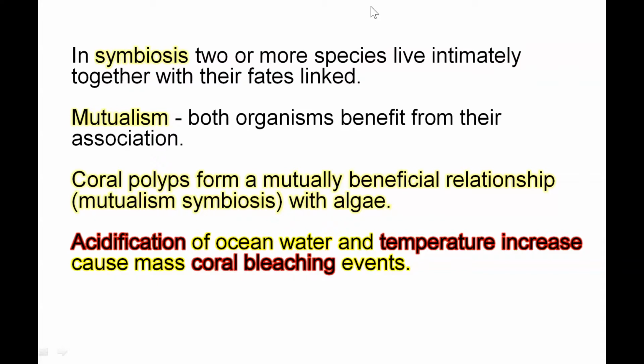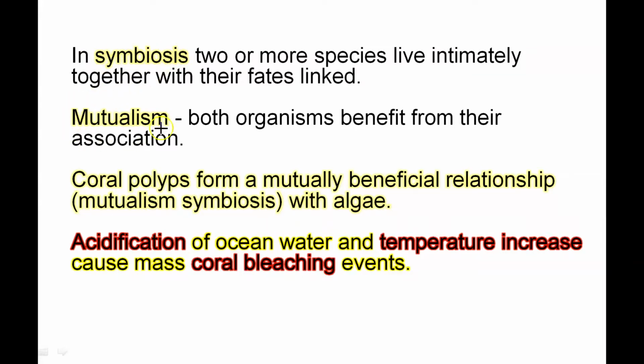And coral polyps form a beneficial relationship with another type of organism called algae. The type of relationship when we have two or more species that are very connected to one another is called symbiosis.